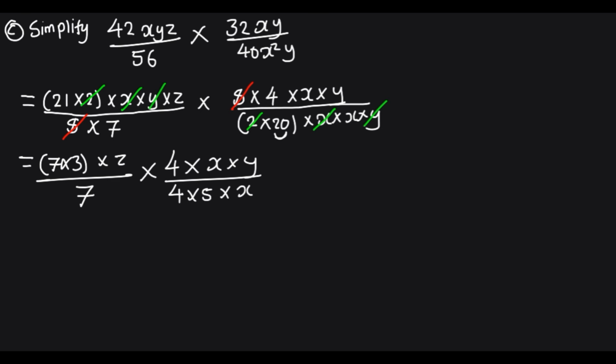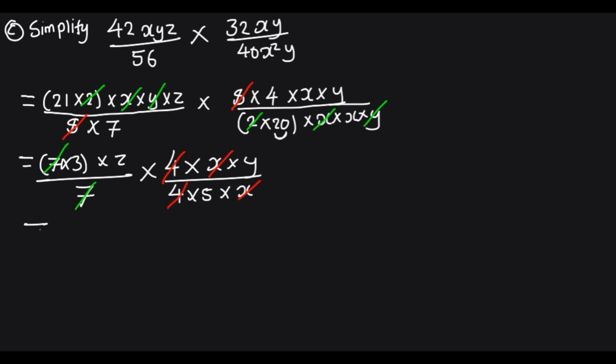So let's see what else we can cancel. We can cancel this 7 here. Then we can also cancel this 4, this x can be cancelled also. Then from there we can see that now there is nothing that can be cancelled.